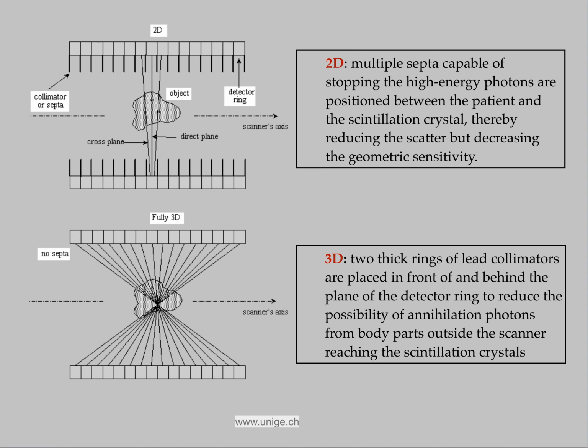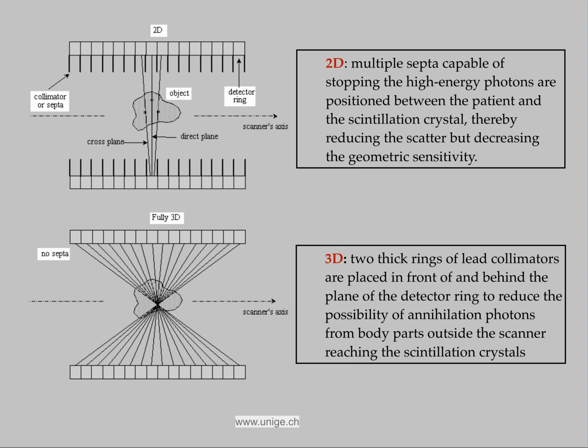Similar to all other nuclear medicine imaging as well as radiology, we can use collimators to increase the spatial resolution and decrease noise, or we can use fully 3D imaging with no septa, and that enables us to acquire data faster.